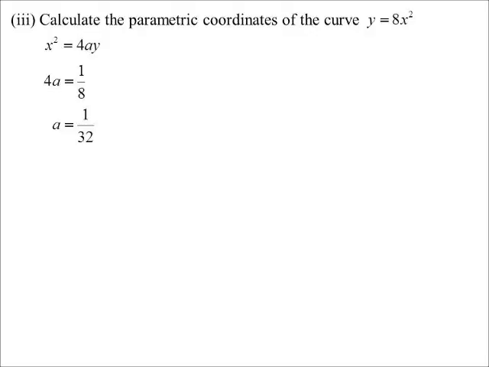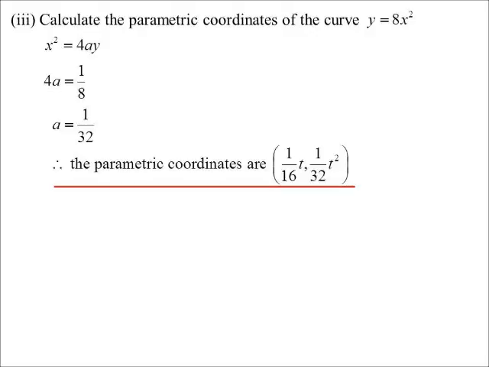So the parametrics that will work for this one, and I've actually written them as a coordinate, there's the formula for the x value: 2at, so 2 times 1 on 32 is 1 on 16 times t. And the y value, at squared, well, a is 1 on 32, so 1 on 32 t squared.